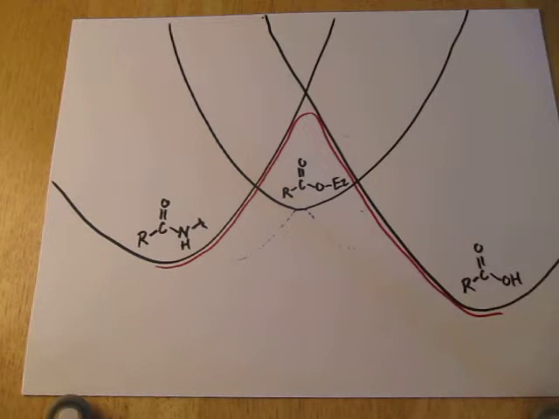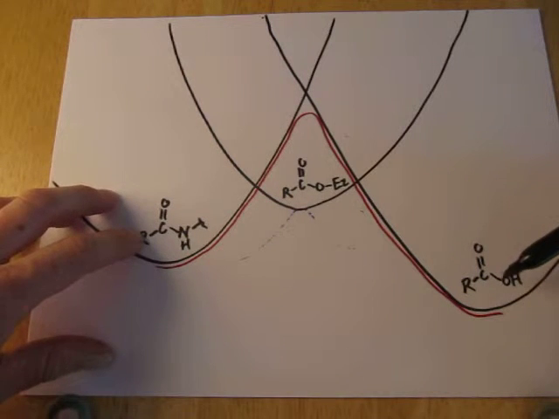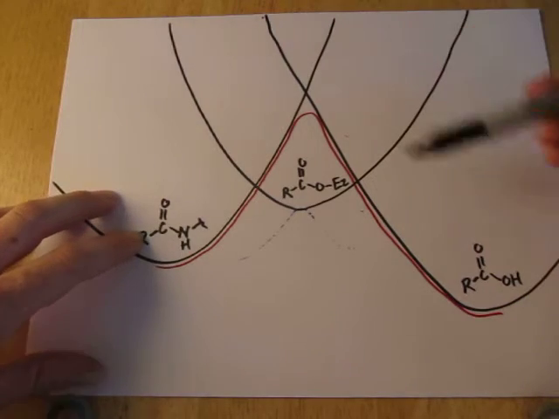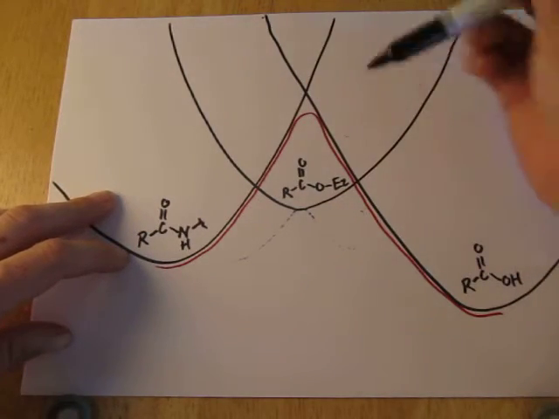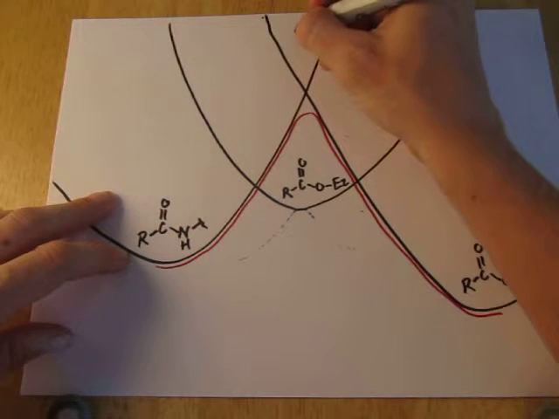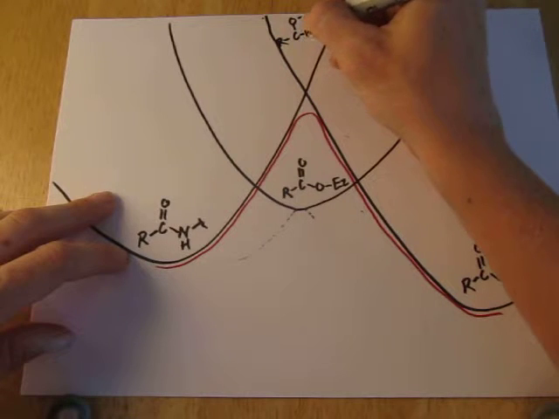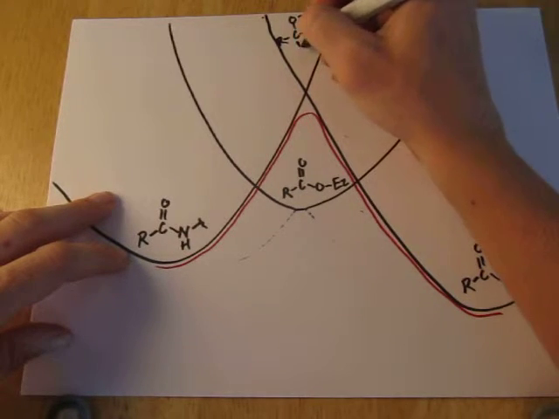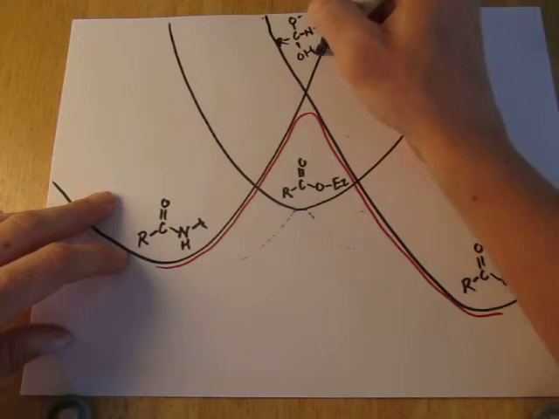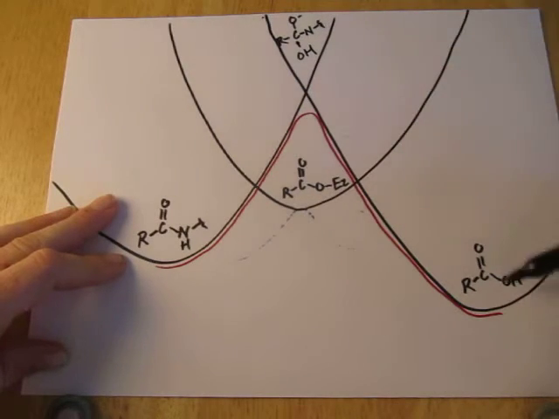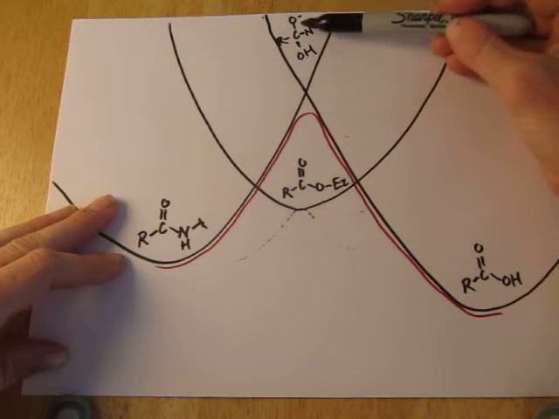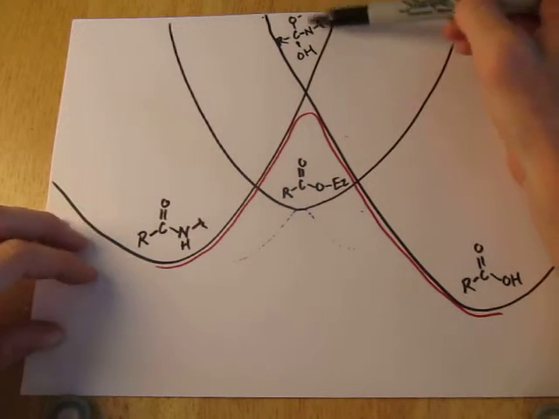And so the high energy states that it has to go through for just the normal reaction look like this. It's halfway in between here and here, but it's a strange structure where we've got negative charges and crowding.